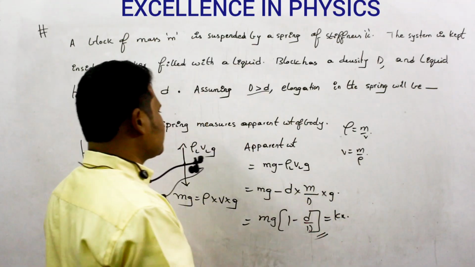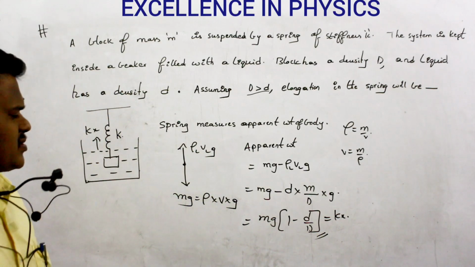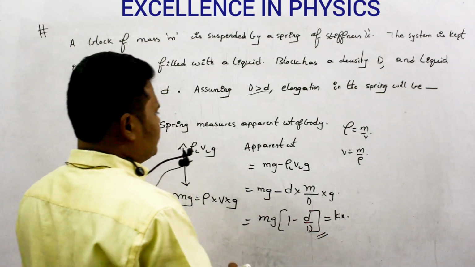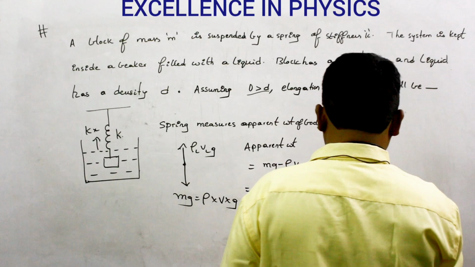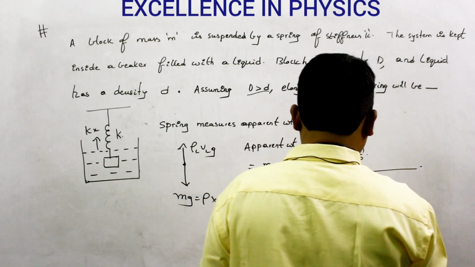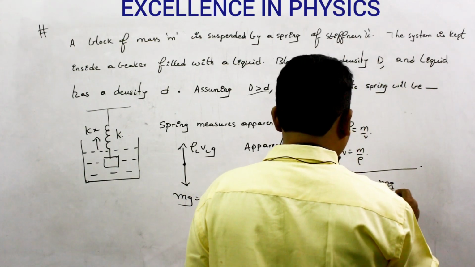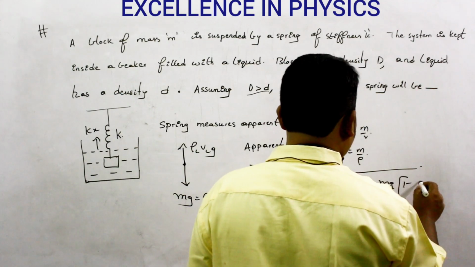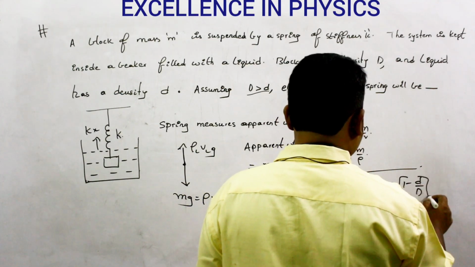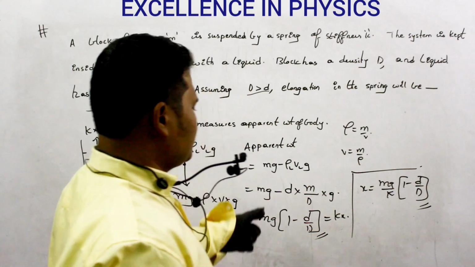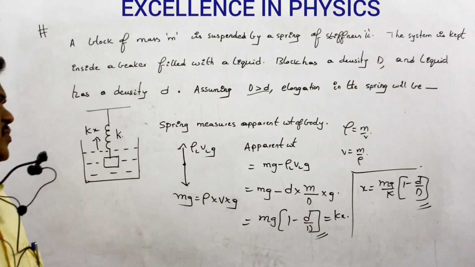And what is kx? The restoring force developed in the spring. So what is the x value now? x is equal to mg by k into 1 minus d by D. So this should be our answer for the elongation produced in the spring.